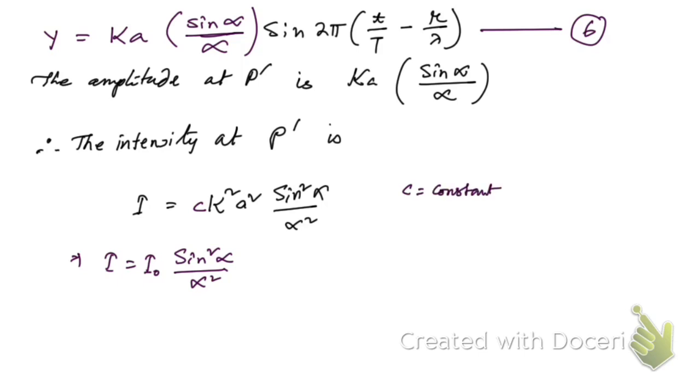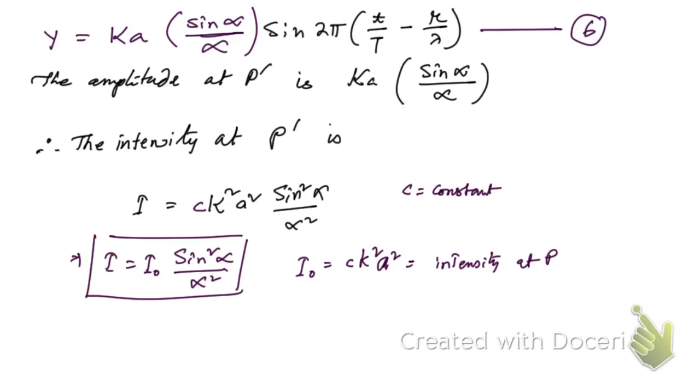So here we have got that I naught is equal to C K square A square, which is the intensity at P, right? So let it be equation number 7. This is suppose equation number 7.